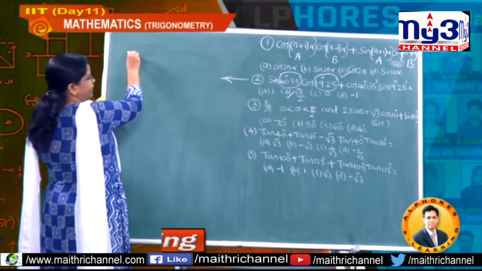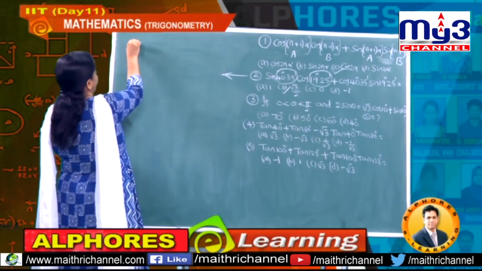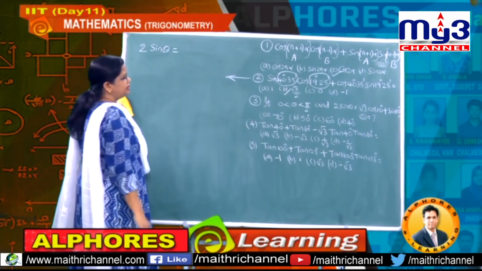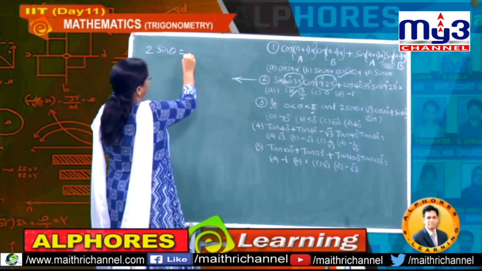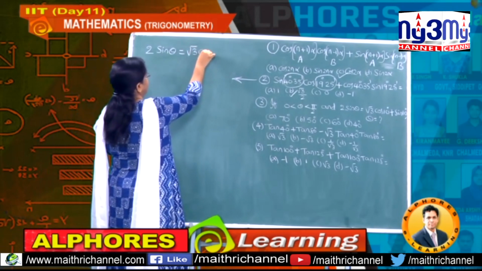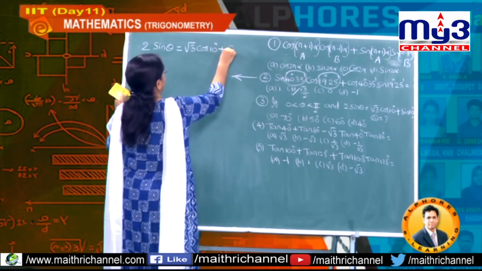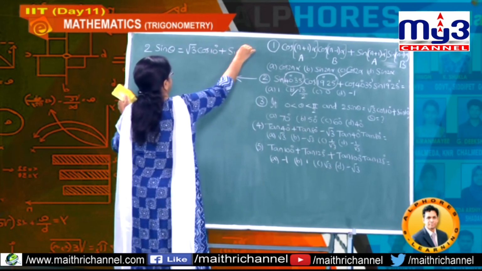Suppose I take the given value, because it is given, it is not proved, understand, the entire thing is given. 2 sin theta equal to root 3 times cos 10 degrees plus sin 10 degrees, understand.